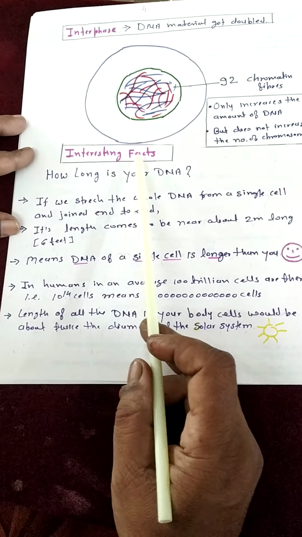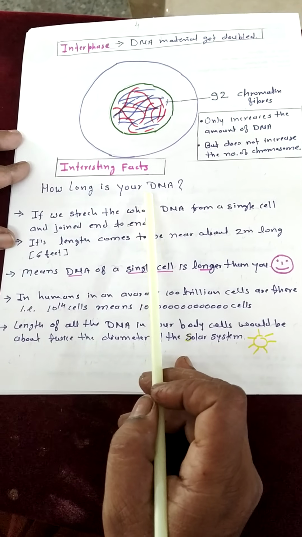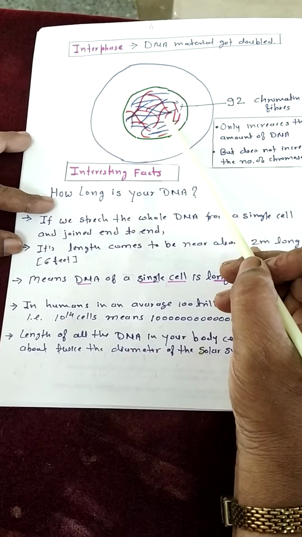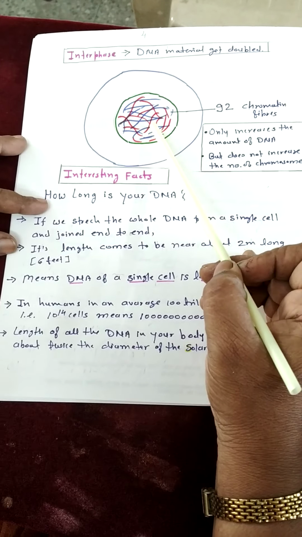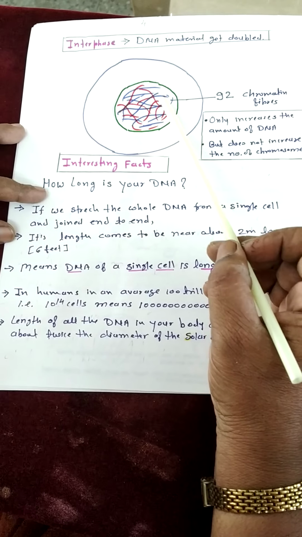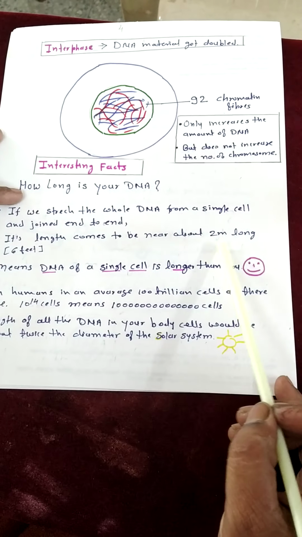Some interesting facts are given here. How long is your DNA? If we stretch the 92 DNA molecules one by one, join them end to end and then measure their length, it comes to be 2 meters long.